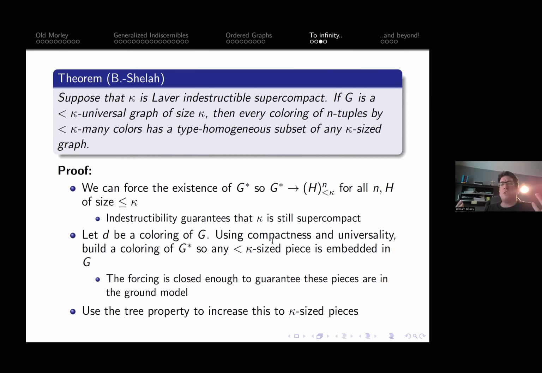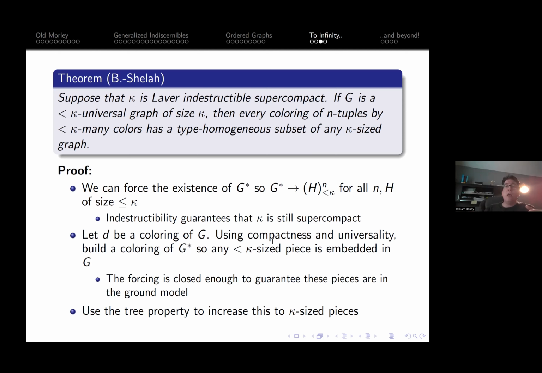Basically, the way this works, skipping some of the details, you do this forcing from Shelah starting above your indestructible supercompact. Because it's indestructible, it's still supercompact, so you can reflect this coloring result down below it. And then you get this nice coloring below kappa.